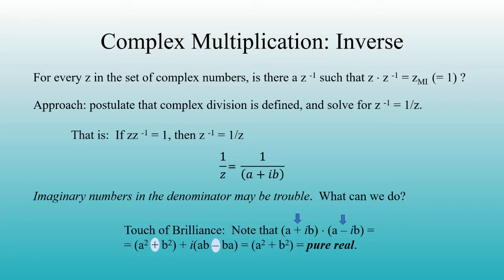We note that if you multiply a plus ib by the quantity a minus ib, the cross terms in the imaginary part cancel out, leaving us with a pure real number. This trick is so powerful and so widely used that we have given a minus ib its own name, the complex conjugate of z, often expressed as z star.